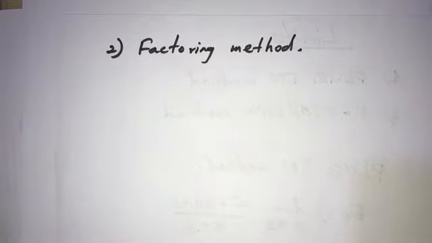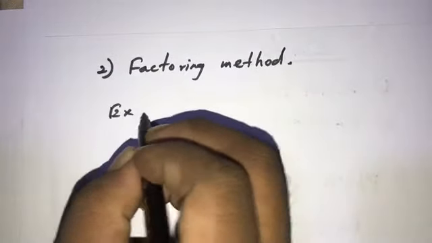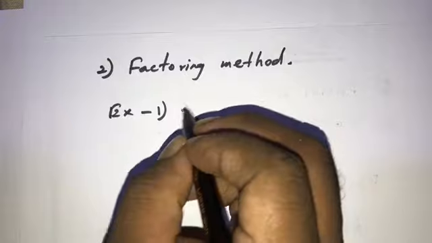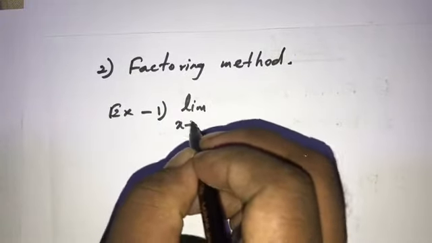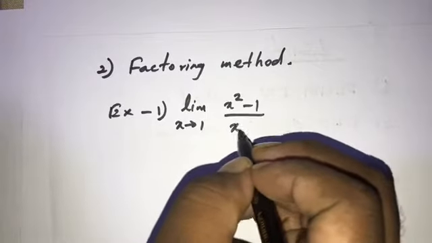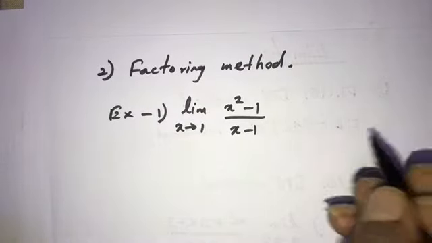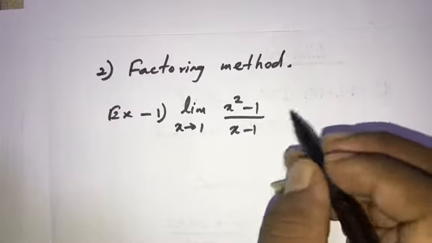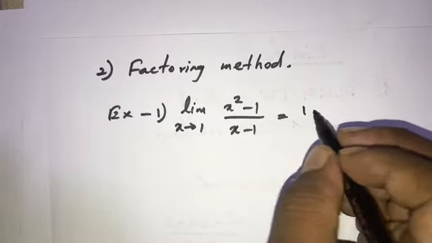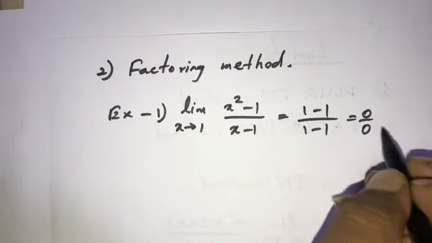Okay, let's look at the first example. Example number 1: limit x goes to 1 of x squared minus 1 over x minus 1. First of all, we will try the plug-in method to find the limit. So substitute 1 for all x's: 1 minus 1 over 1 minus 1, 0 over 0.